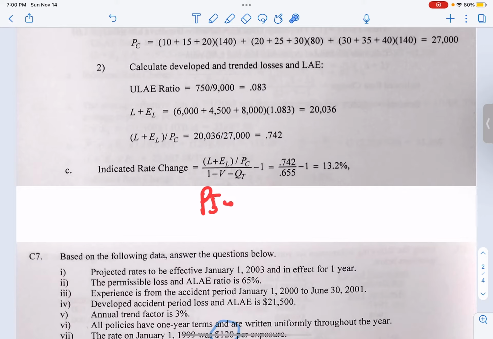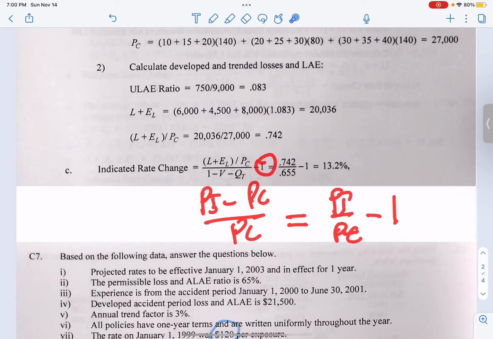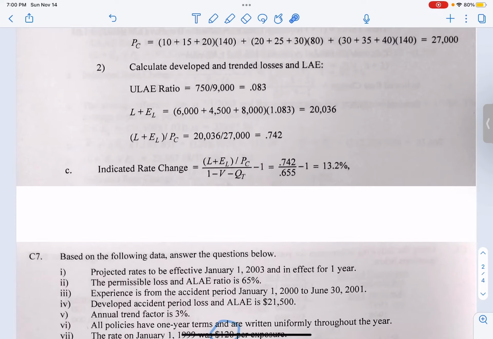So PI minus PC all over PC, and then we can break it down to be PI over PC minus 1. So we see that everything is divided by the PC, which is the current premium.